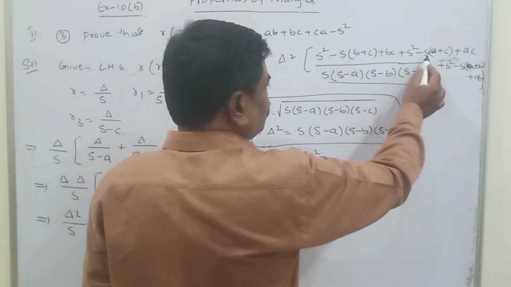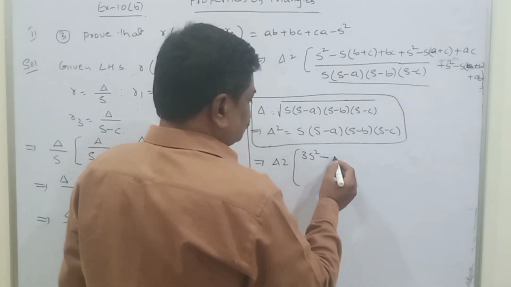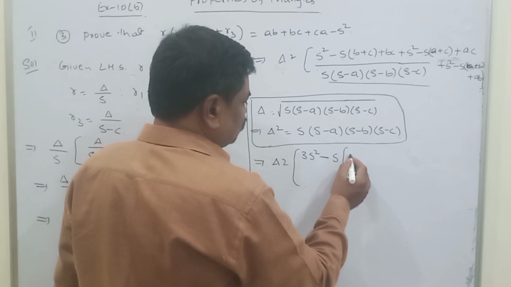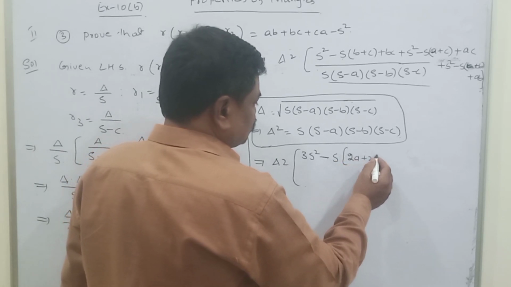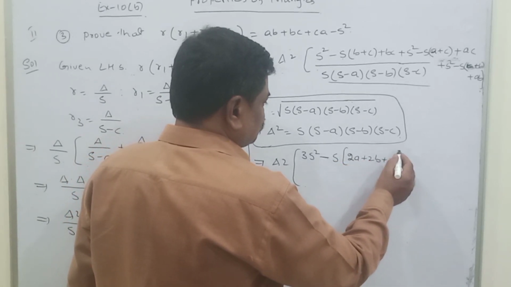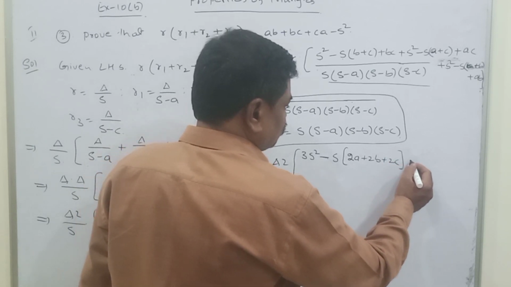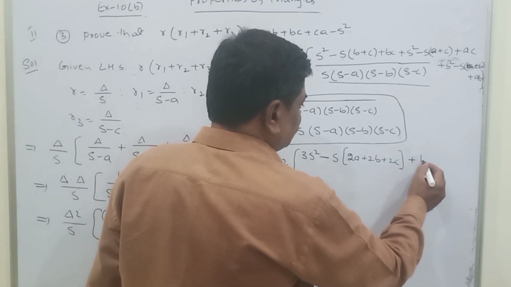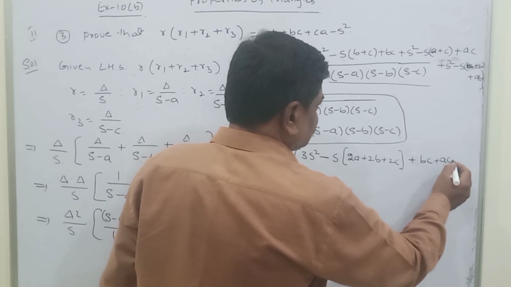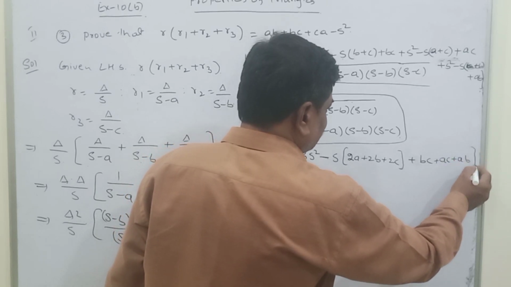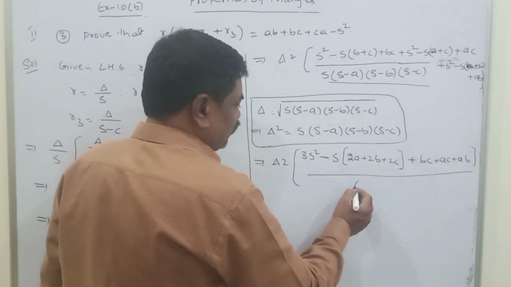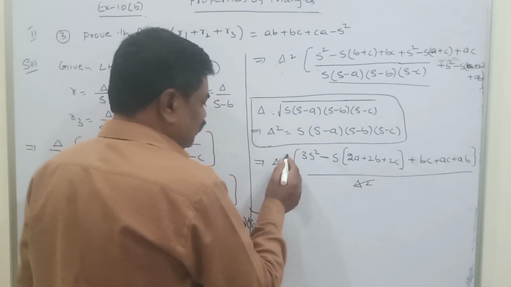Here minus S, minus S, minus S, minus S common, 2A plus 2B plus 2C plus BC plus AC plus AB by denominator delta square.